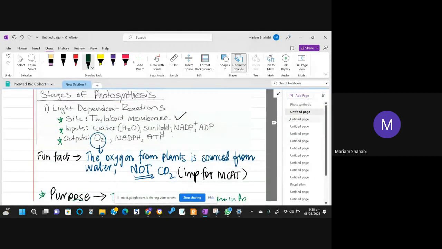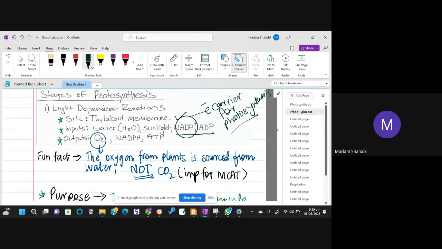One more thing. These are the inputs: water, sunlight, NADP plus and ADP. Now what is this? NADP plus is the electron carrier for photosynthesis. We'll come to this in a minute.